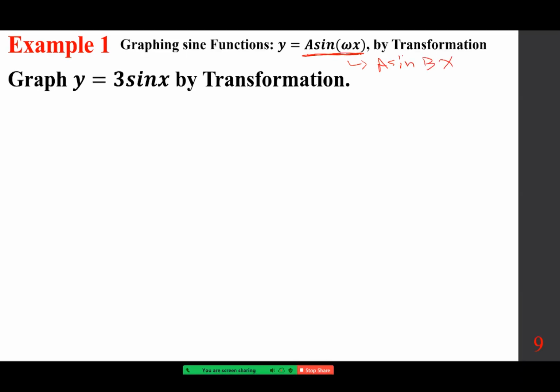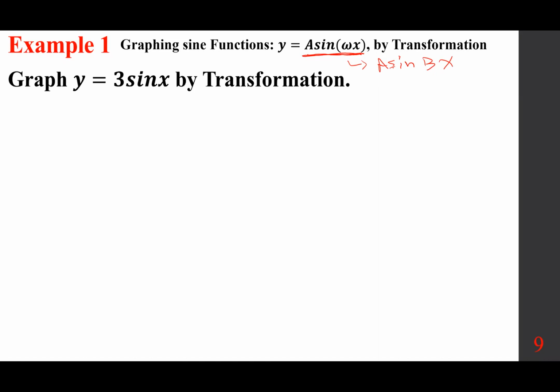I want you to be familiar with that because it really depends on the text. It doesn't matter. It's the coefficient of x which has an effect on the period, and ultimately on whether it gets stretched or contracted along the x-axis.